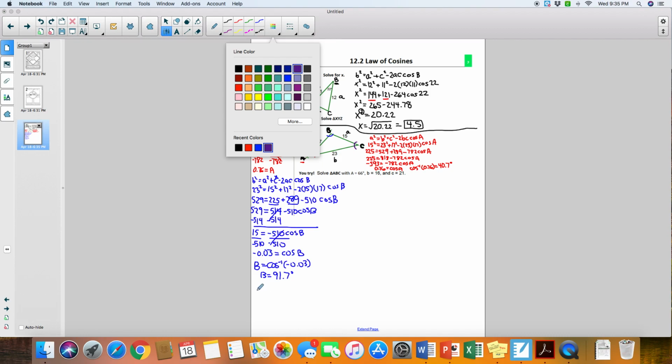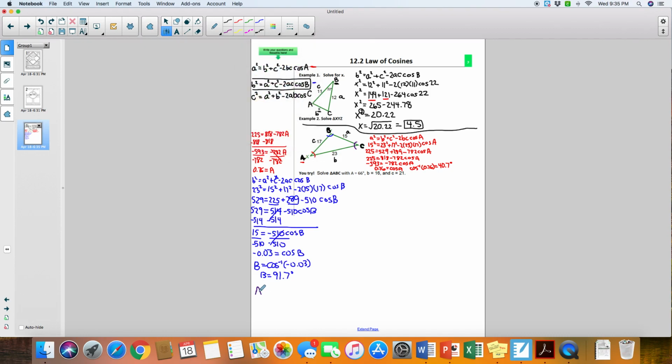So I would do angle A plus angle B plus angle C equals 180. Well, we found angle A to be 40.7, angle B to be 91.7, and then plus angle C should equal 180.